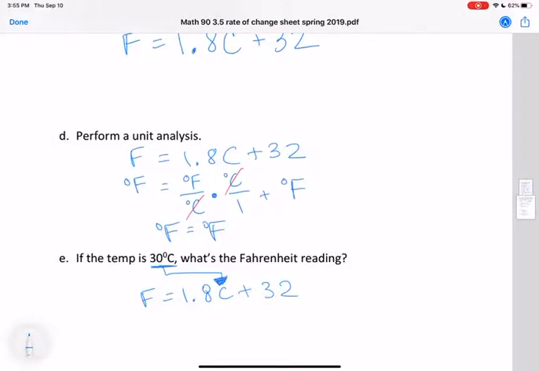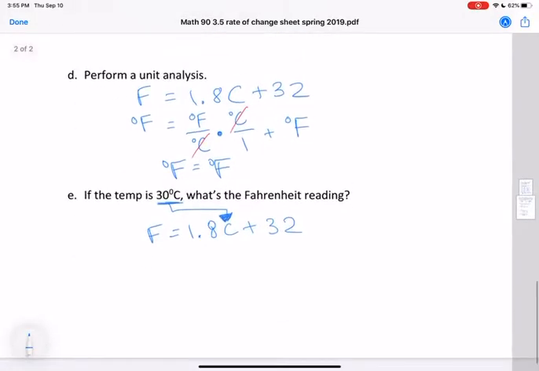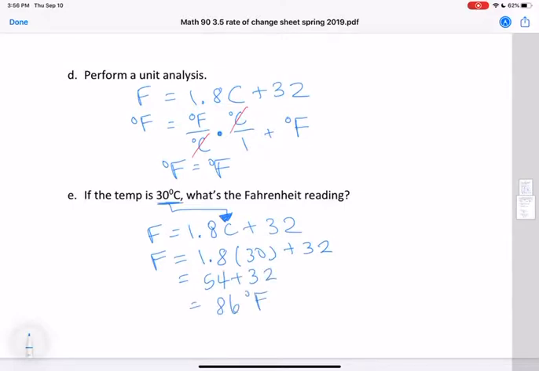Hit play when you're ready. All right, so I plugged in the 30, multiplied it by 1.8, added the 32, went ahead and simplified to 54 plus 32 with a final answer of 86 degrees Fahrenheit.